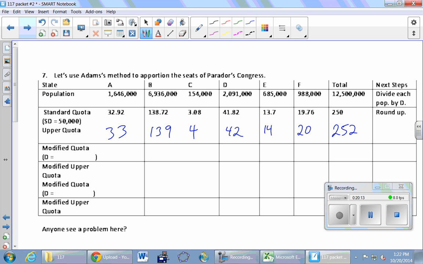Super. So 252. Is that number too big or too small? Too big. So what are we going to do with our divisor? Make it bigger, just like before. It's the same rule. If the thing that you get is too big, you make your divisor bigger. T is big. Make D bigger.